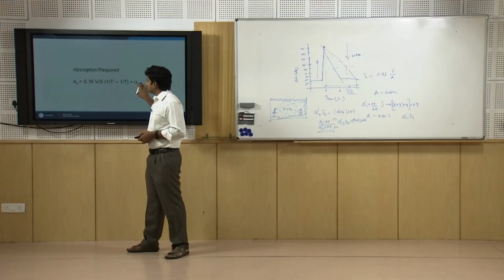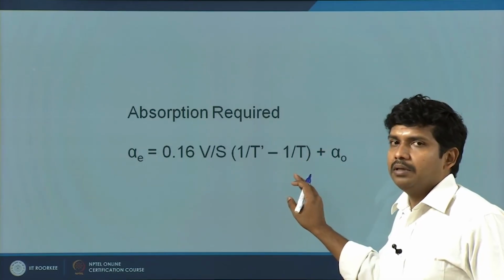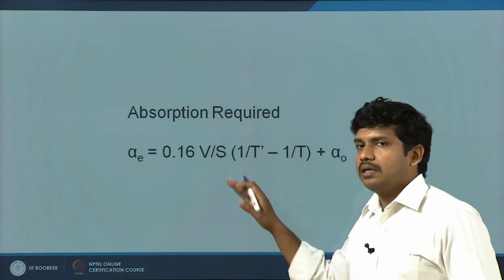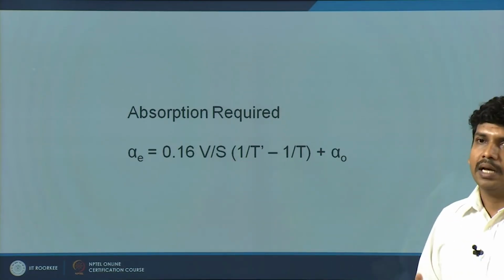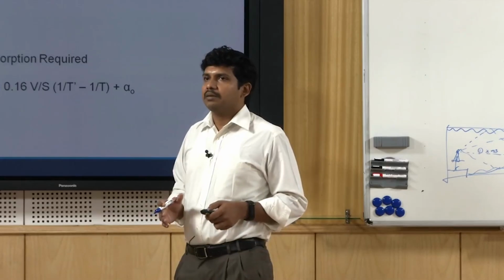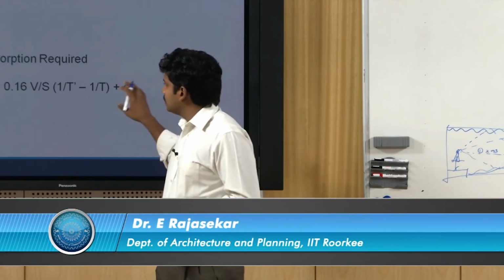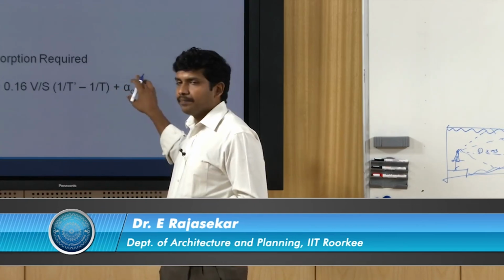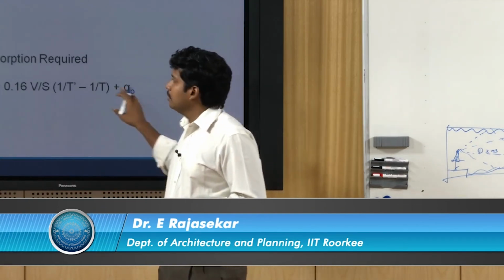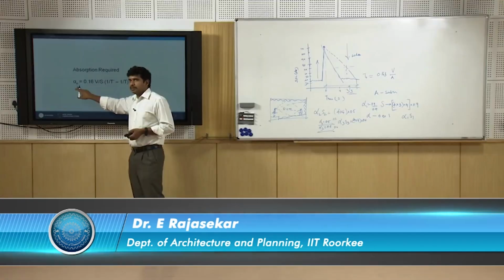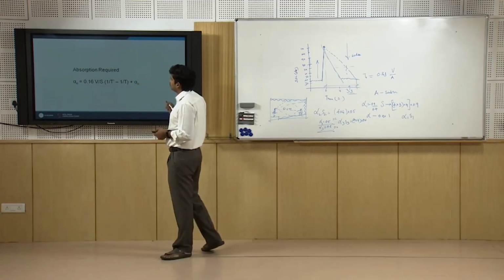Substitute it. There is an existing absorption alpha naught. You have the reverberation time existing and the reverberation time which you intend to achieve. Say you have a reverberation time of 2 seconds or 3 seconds, you would like to bring it to 1 second. Substitute your current alpha, that is the existing absorption, and you will be able to find the expected sound absorbing coefficient which is required.